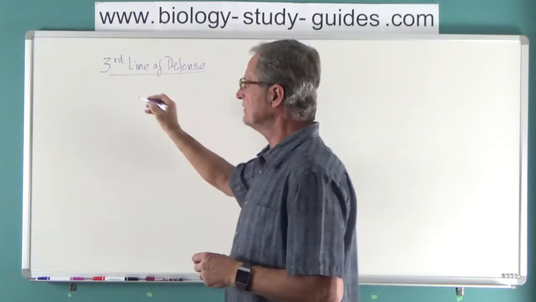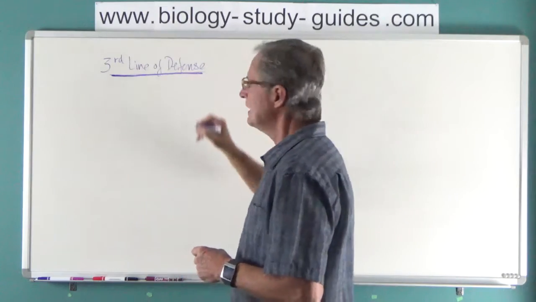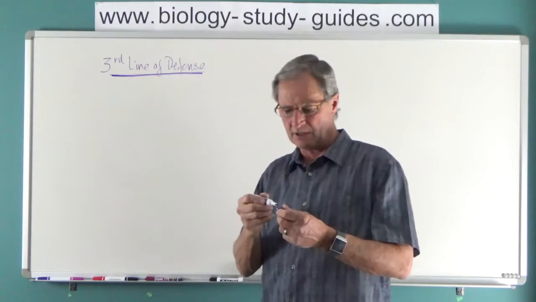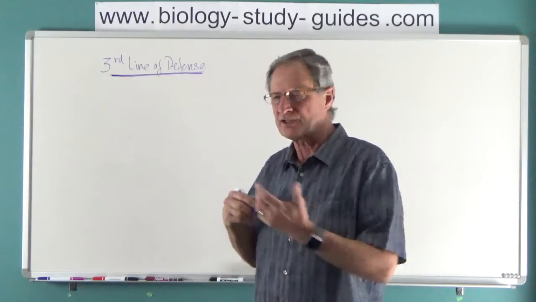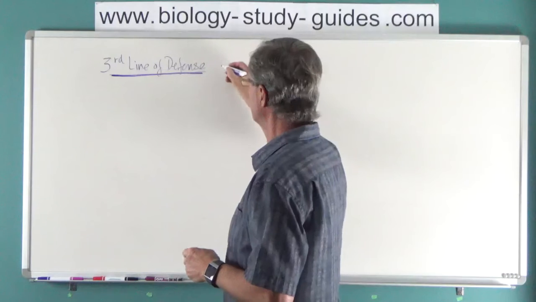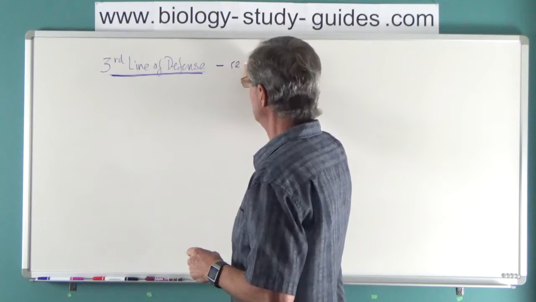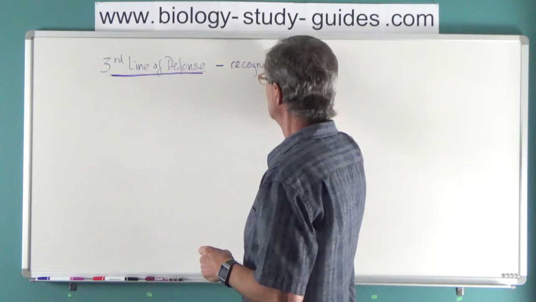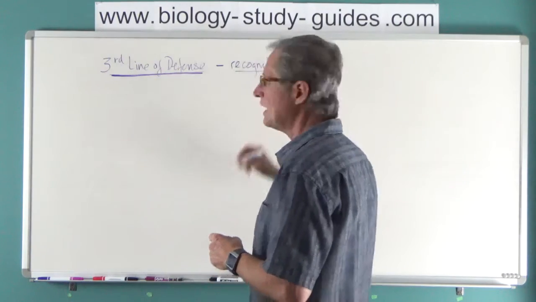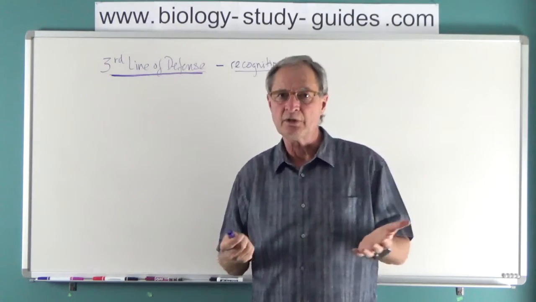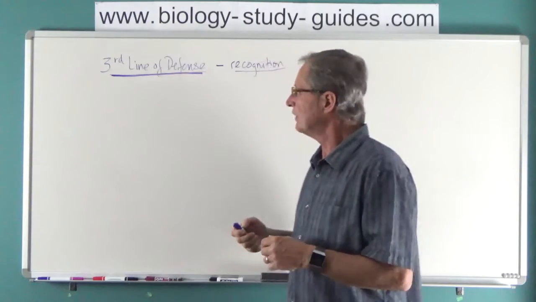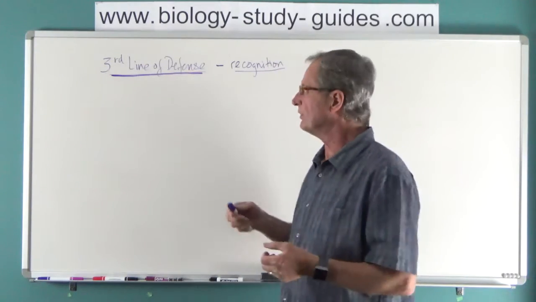The big difference in the third line of defense compared to the other two lines of defense is this one actually requires or involves the recognition of the particular pathogen or virus or whatever it is that's causing the problem.